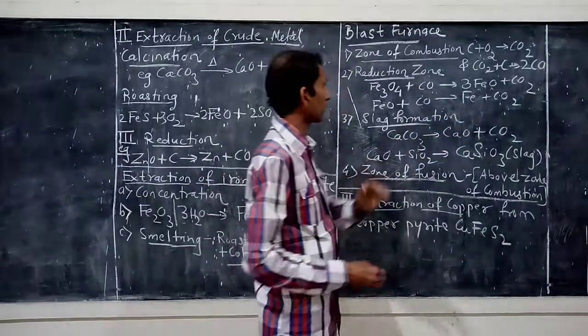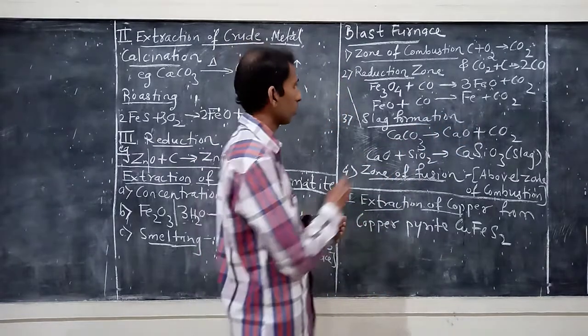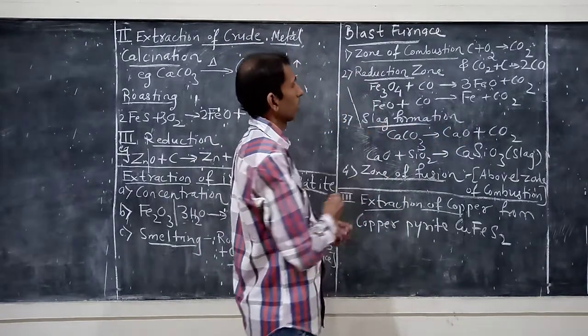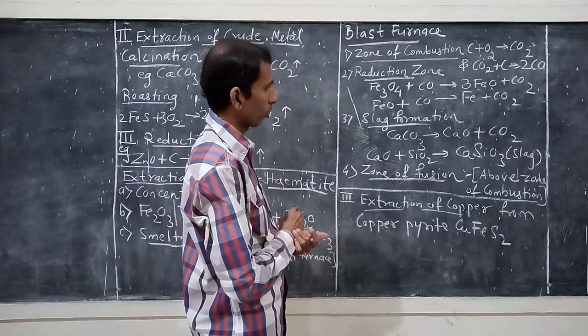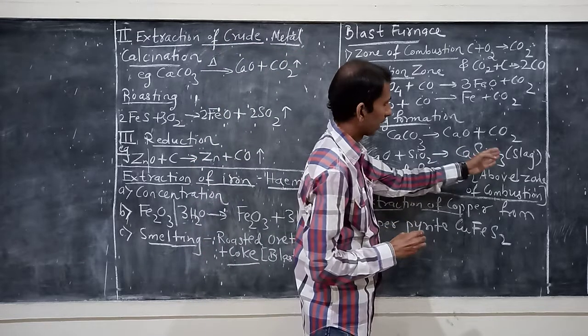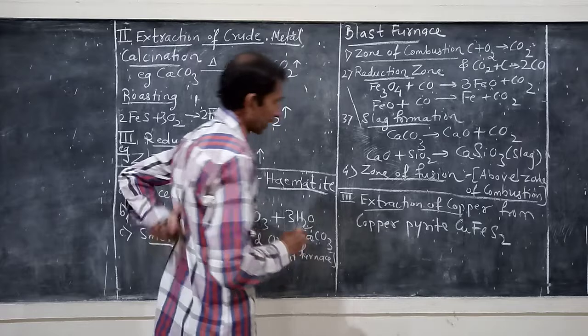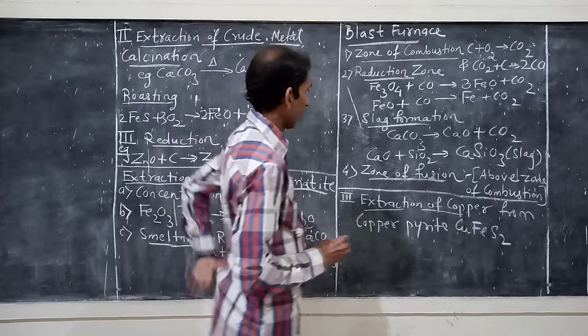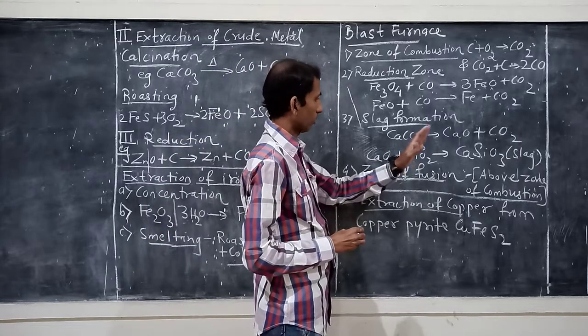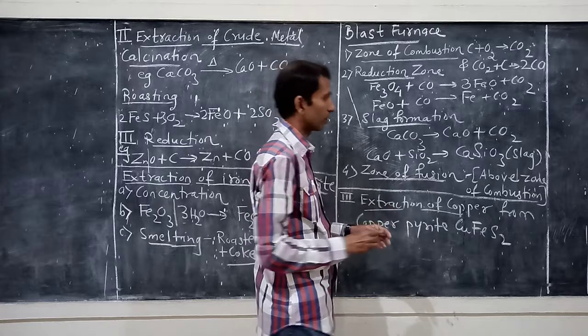Since slag is formed in this particular chamber or zone, it is called the zone of slag formation, that is calcium silicate.